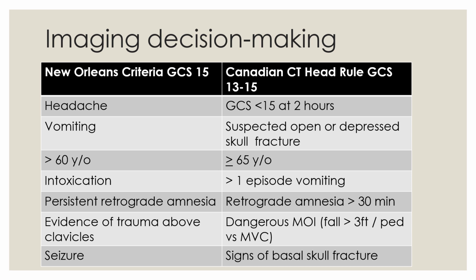Folks who have persistent retrograde amnesia, who do not remember what happened immediately before the event. Folks who have evidence of trauma of their head above the clavicles, and anybody who has a seizure, even if their GCS was 15.